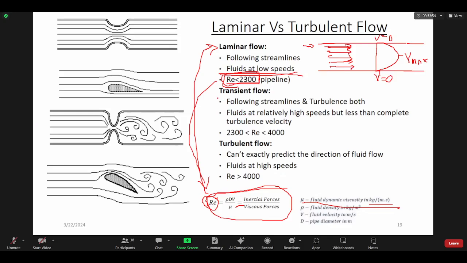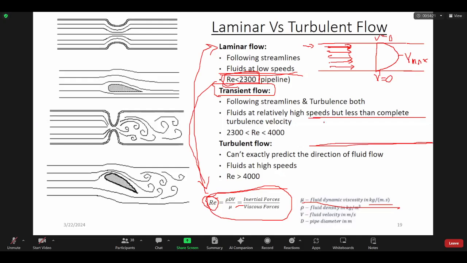Next I will discuss transient flow. What is transient flow? Transient flow means this type of flow consists of both laminar flow and turbulent flow, flowing streamline and turbulent both.